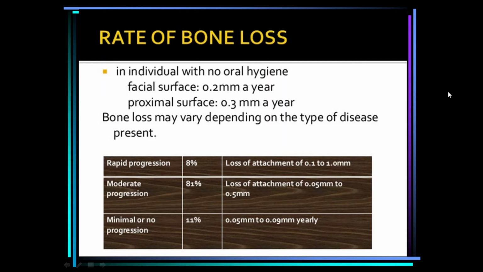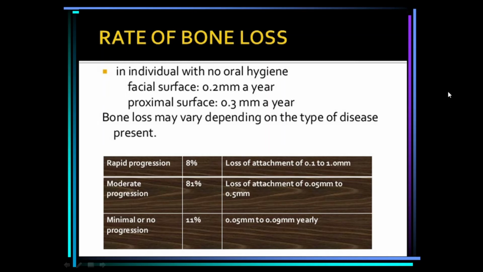on the basis of disease progression, that rapid progression can be seen in 8% of the individuals. Very severe or rapid progression of the disease was noted, and the attachment loss yearly was 0.1 to 1 millimeter.